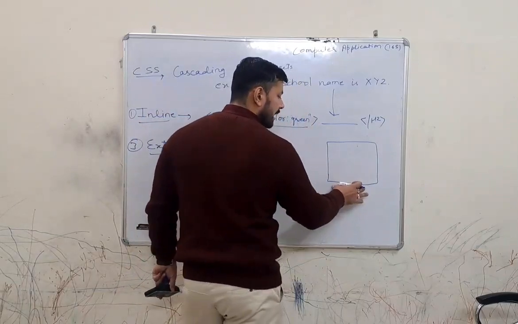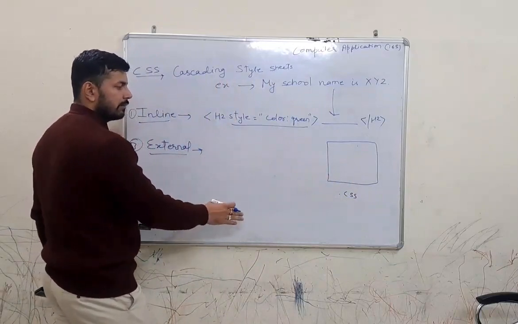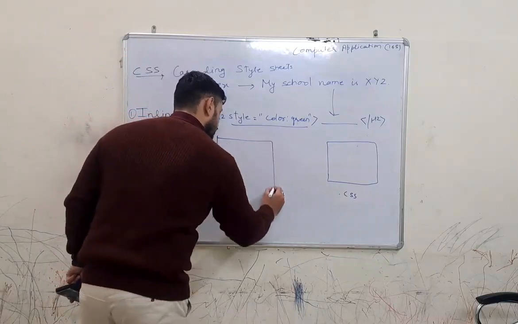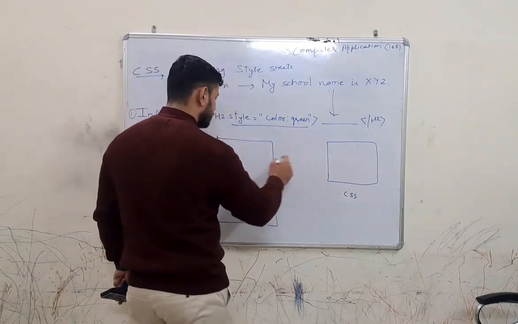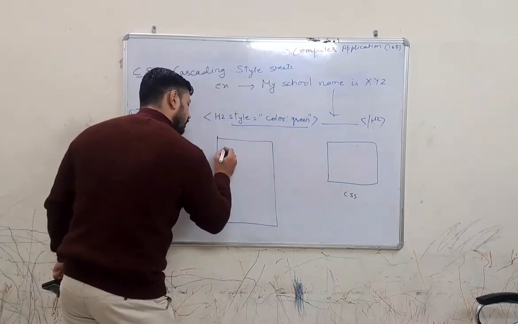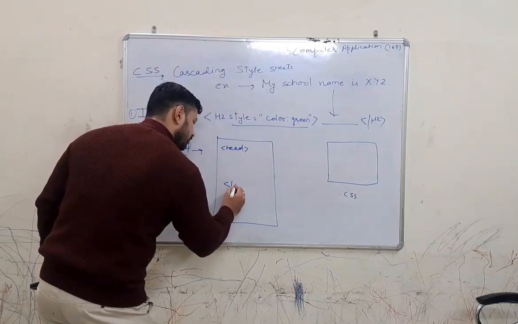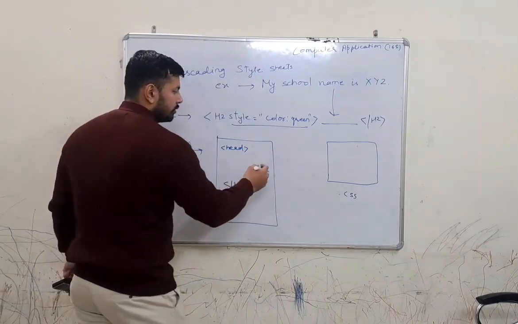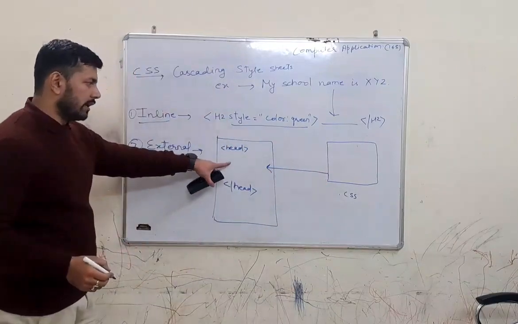We have to add an external file in our main HTML program. Consider this one is your HTML program. Okay, this one is your CSS file, and in this program there is a starting of head tag and ending of head tag. You will mention the external CSS here.